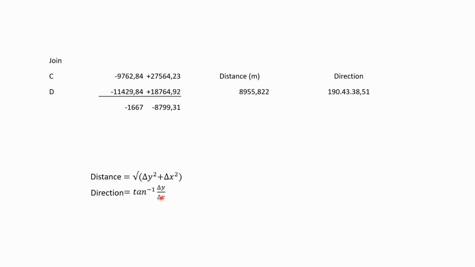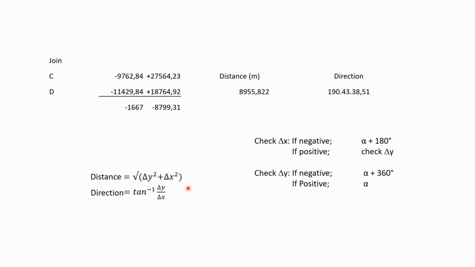Then our direction is slightly more complicated because first we would use arctan of delta y over delta x, and this would give us a value of 10 degrees 43 minutes 38.51 seconds. However, due to the quadrant that we are in, we'll have to check our x and our y to see what we should do with the alpha value. Now the alpha value is the value we get from calculating using this formula.